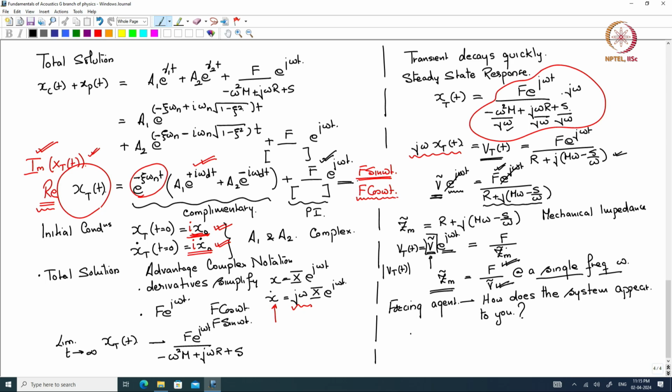And the answer is Z mechanical. It appears to me, or the forcing agent says it appears to me as minus S over omega.